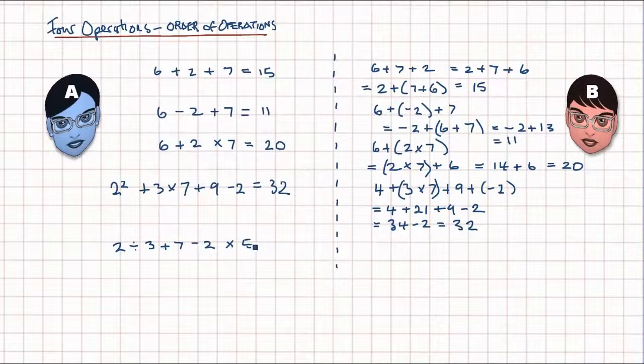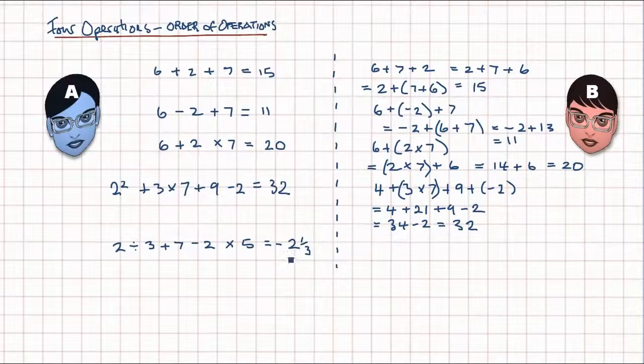Doesn't matter what order we do them in. That one's going to be 2 divided by 3, so that's going to be 2/3. And that one's going to be 2 times 5, so that's going to be 10. So we've got 2/3 plus 7, subtract 10, is going to be negative 2 1/3. Okay, so the answer should be negative 2 1/3.